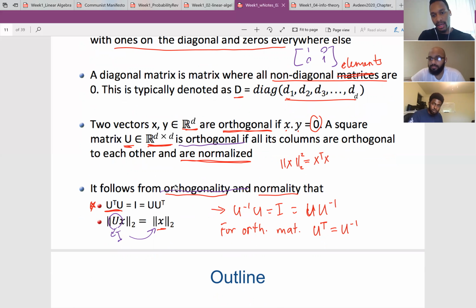The squared norm of x is x transpose x, then Ux squared is (Ux) transpose times Ux, which is x transpose U transpose U x, which is equal to x transpose x, because U transpose U is the identity matrix.